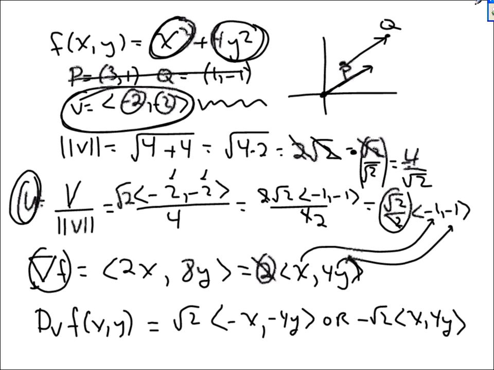Now, of course, something happened here. Of course, we're supposed to add. We're not supposed to get a vector.